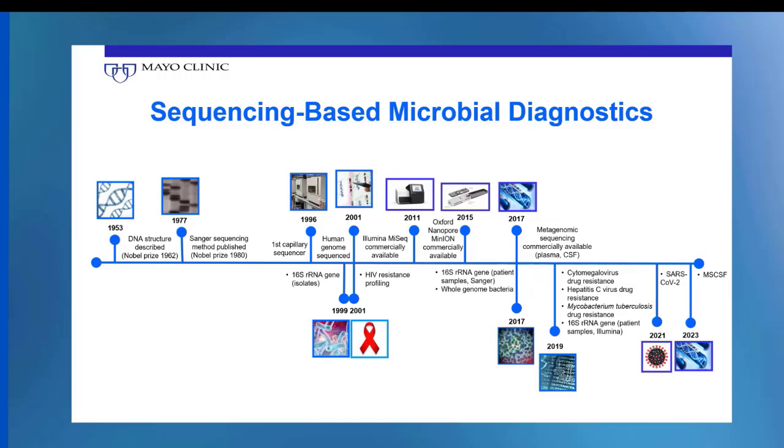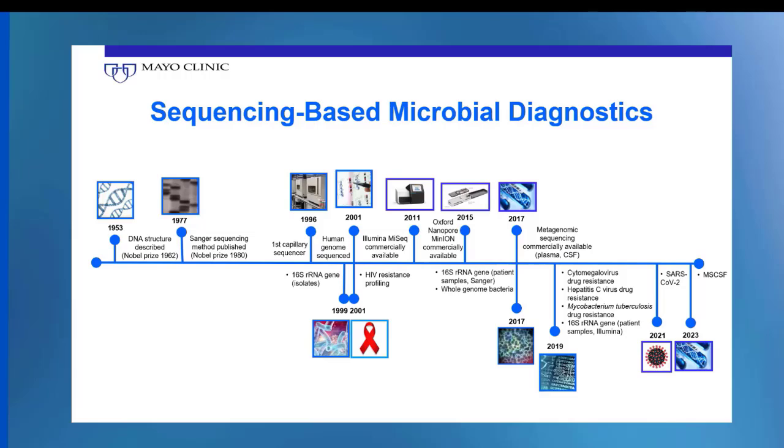Although these weren't developed as microbial diagnostics, they can really be applied in the microbial diagnostics field. For example, sequencing the 16S ribosomal RNA gene, not just from bacterial isolates but directly from patient samples, became routine clinical practice in 2017. We also began routine whole genome sequencing of bacterial isolates for the purpose of clonality testing in 2017, so 7 years ago.